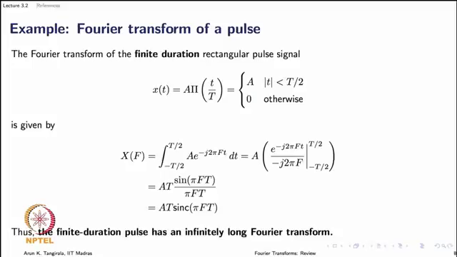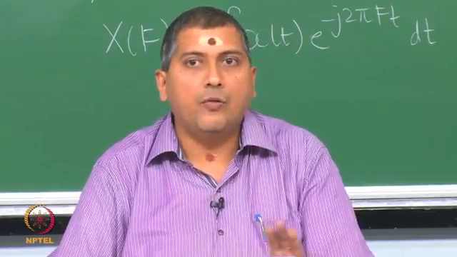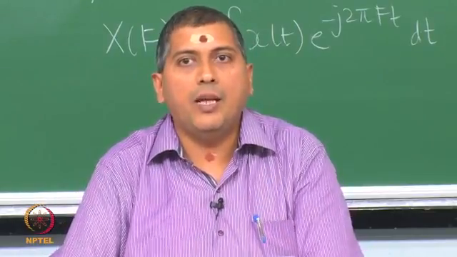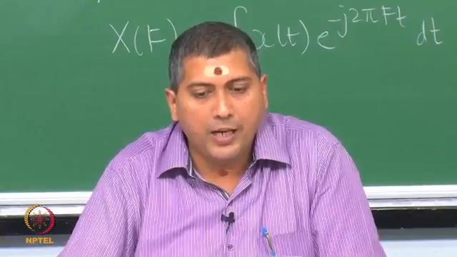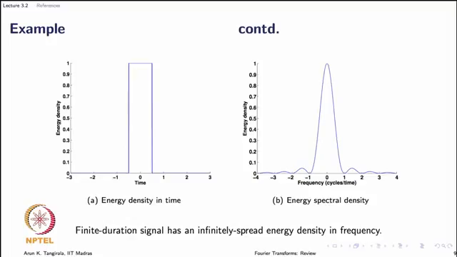So, the quick observation that we can make is, well, it is not necessarily that I can generalize straight away, but this is true whenever I have a finite duration signal, the Fourier transform of that signal will be infinitely long.